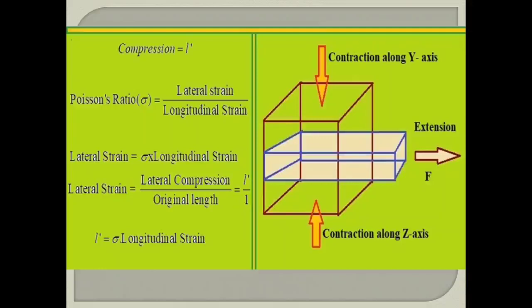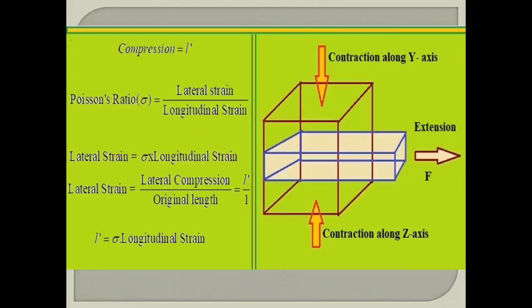Lateral strain is equal to lateral compression divided by original length, which is equal to L dash divided by 1, where the original length is equal to 1. It never changes in this case. It remains constant. So from that, L dash is equal to sigma into longitudinal strain, which is written as equation 3.